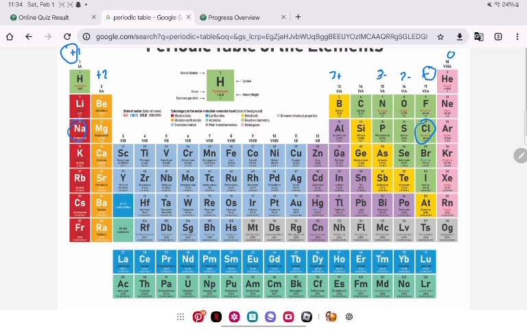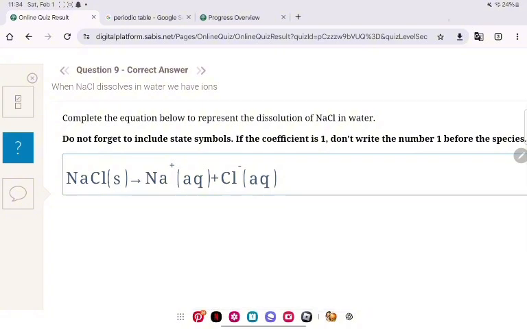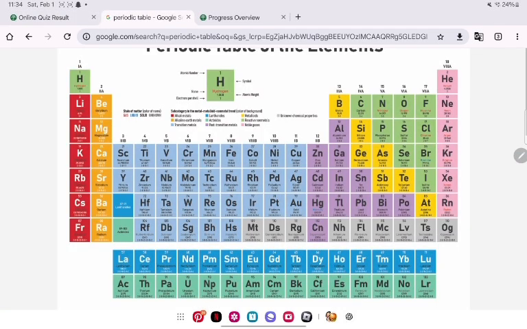So you're going to put them in. So look, we said Na is positive and Cl is negative. If it was another thing, let's say they gave you Mg, it would be +2. So that's what I mean by charges. You have to memorize those charges on the periodic table.